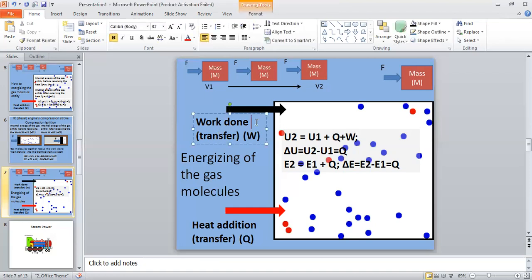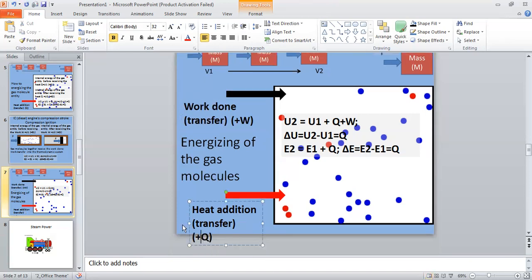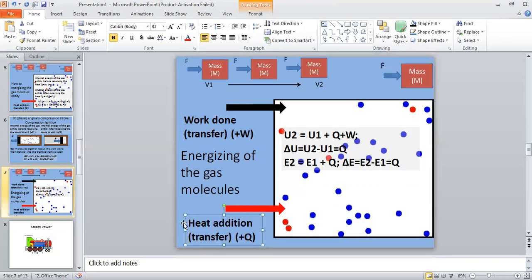Work done on the system is positive. Positive means it is really increasing, that's why this is increasing.